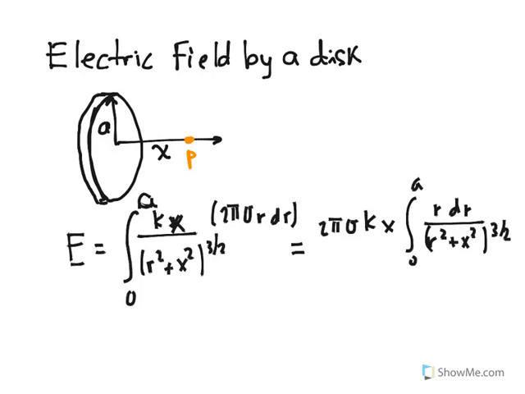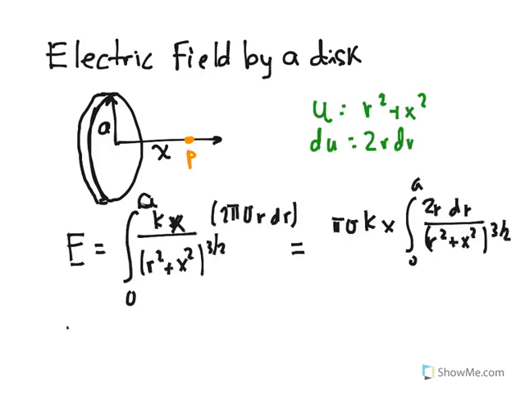So we can state that u is equal to r squared plus x squared, and du is equal to 2r dr. So we need a 2 inside the integral, so it's better to take this 2 in.